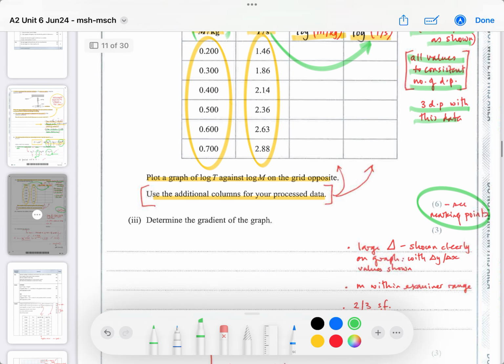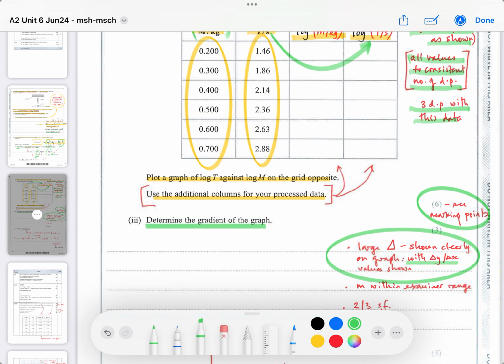They then want you to determine the gradient, obviously, as we said, to be able to work out b. And on your graph, you should use a large triangle, show it clearly on your graph with the values of delta y and delta x.